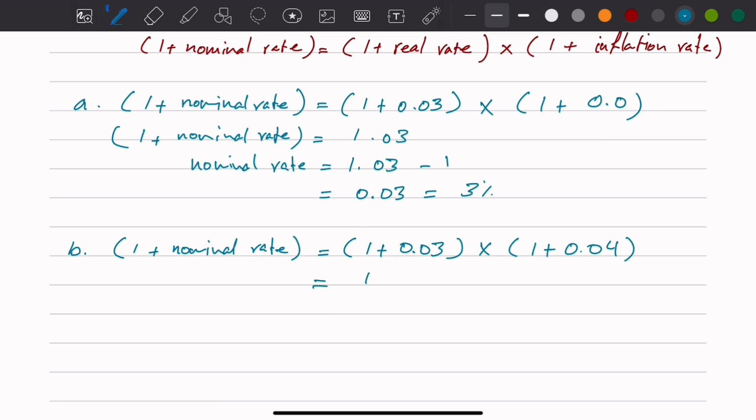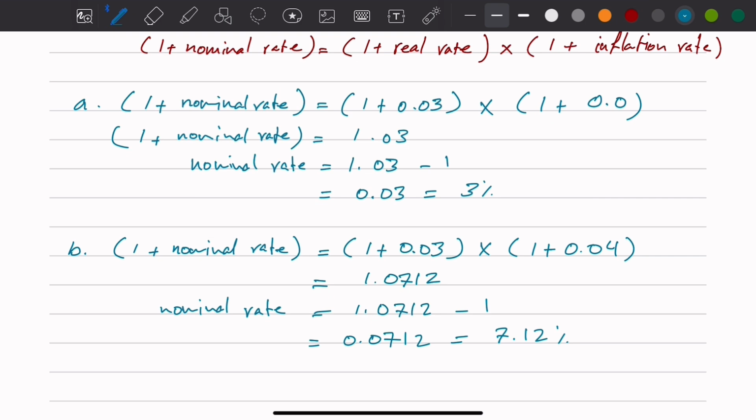That is 1.0712, which means that the nominal rate is going to equal 1.0712 minus 1, which is equal to 0.0712, which is equal to 7.12%.